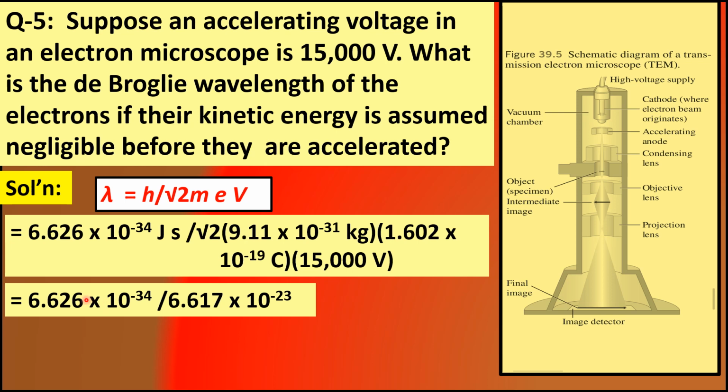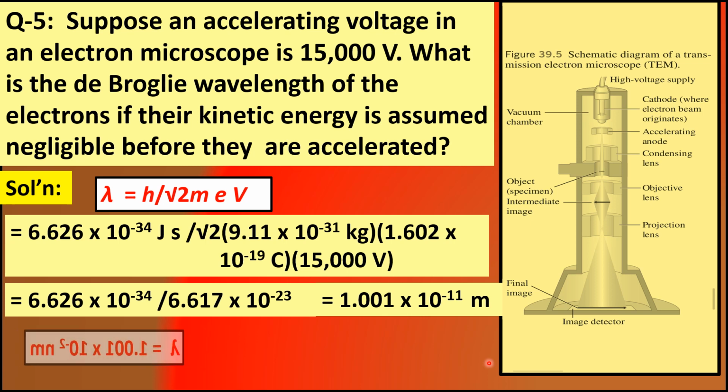And finally, if we divide Planck's constant by 6.617 times 10 to the negative 23, we get this value for lambda equal to 1.001 times 10 to the negative 11 meters, or in nanometers, that is 1.001 times 10 to the negative 2 nanometers in 4 significant figures.